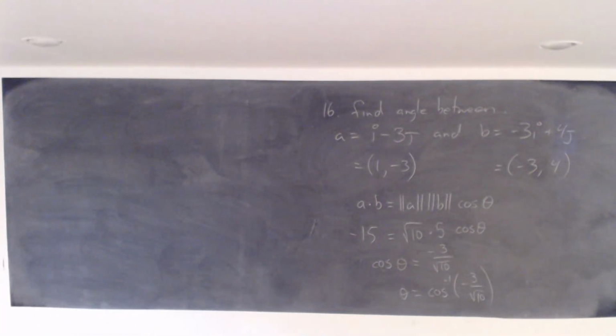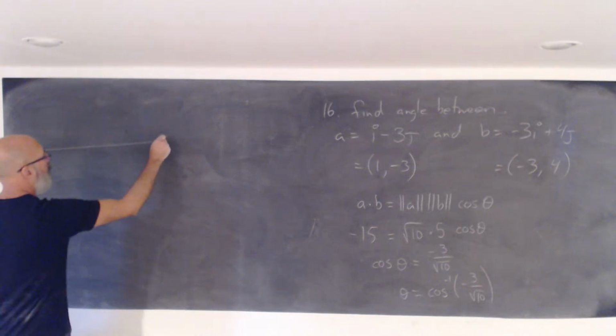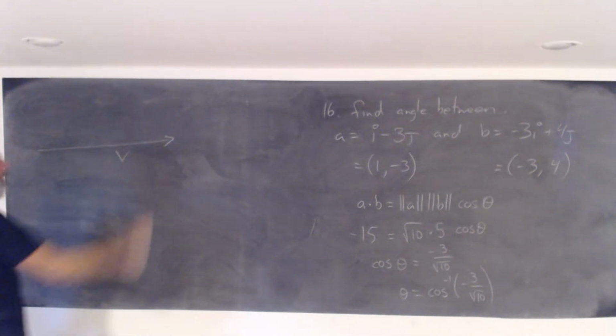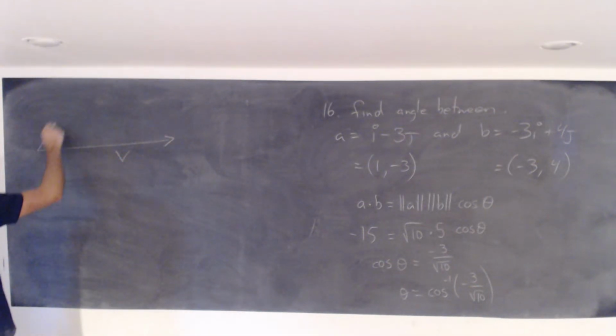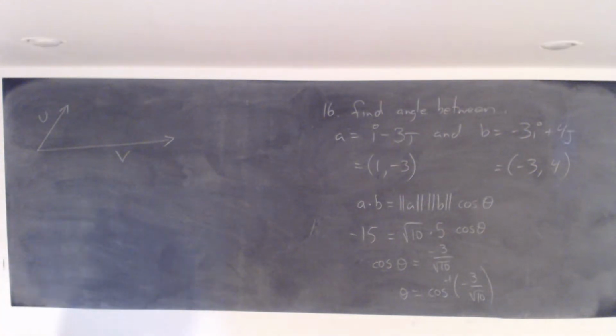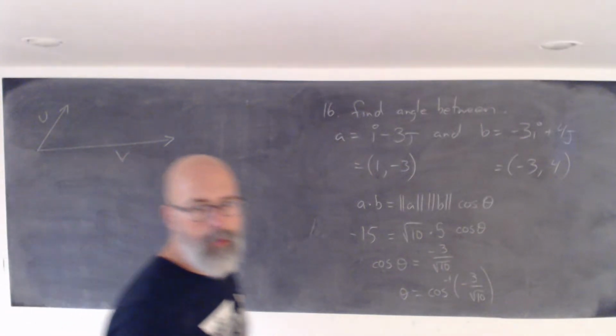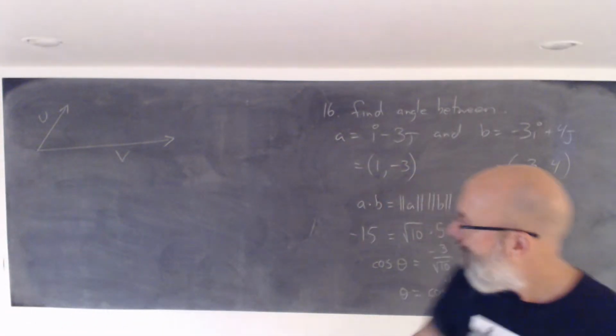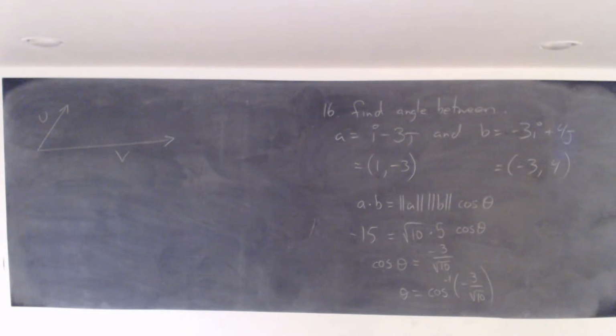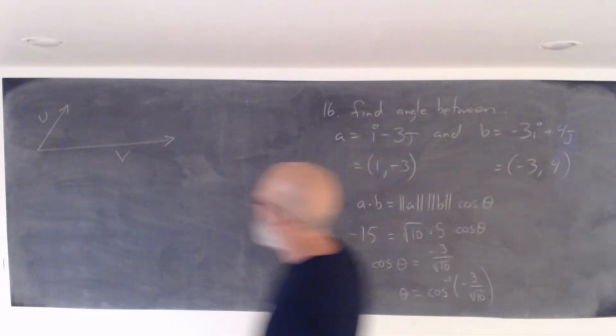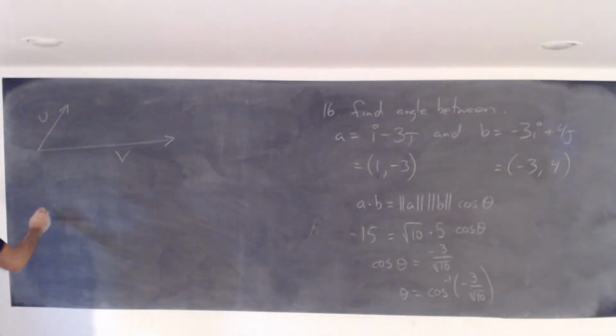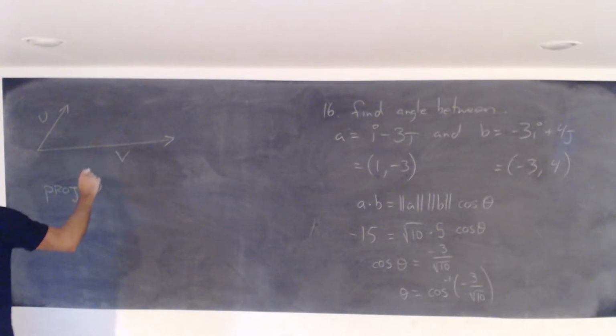An important operation on vectors is the idea of projections. Suppose you have a vector v and a vector u. We can discuss the projection of u onto v.